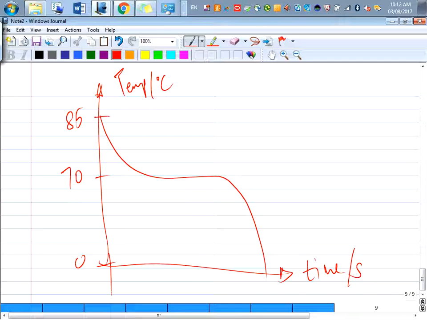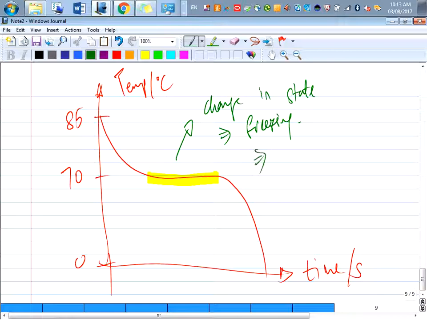What is my freezing point for this substance? We look at this flat region. This we identify as having a change in state, which is known as freezing. So therefore, freezing point equals 70 degrees Celsius.